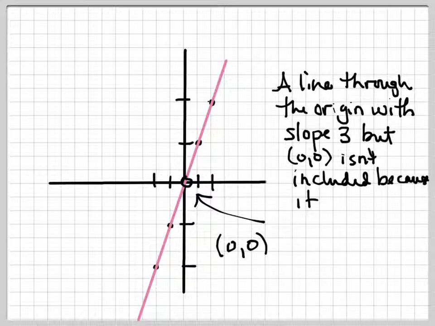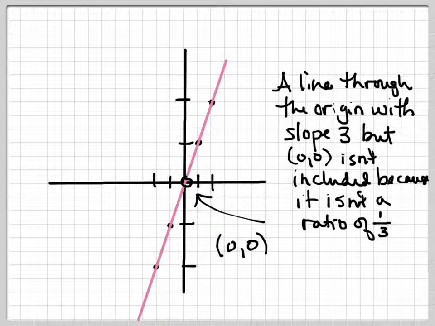Because it isn't a ratio of, what do we have? 1, 3. Does not have that ratio of 1 to 3. Okay. It's kind of an interesting example.